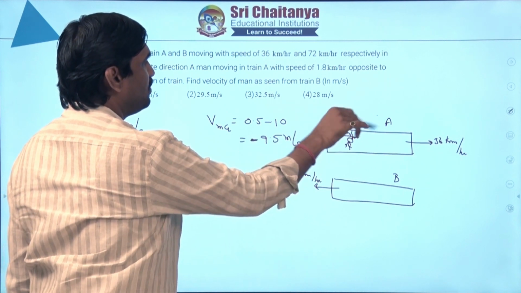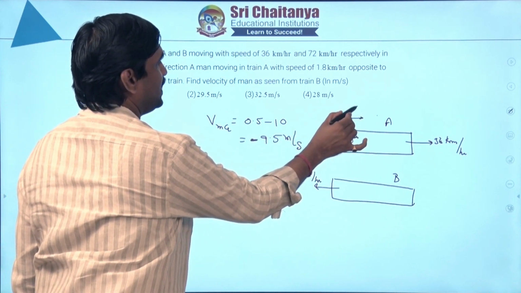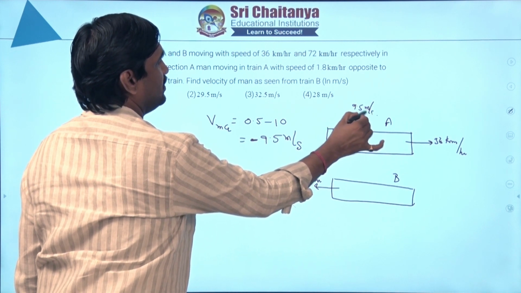It means he is moving back in this direction, in this direction at 9.5 meters per second.